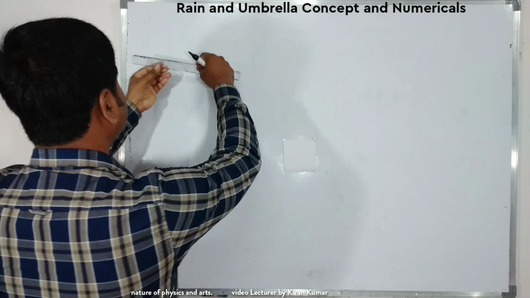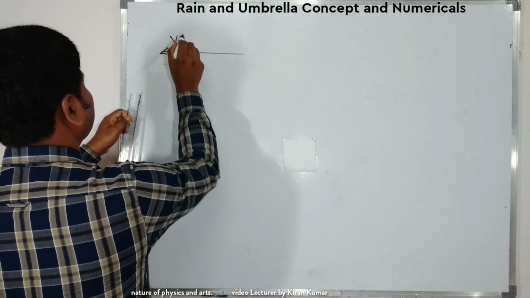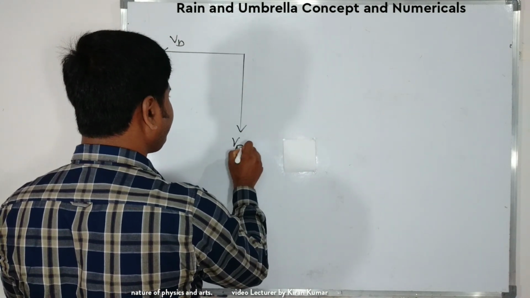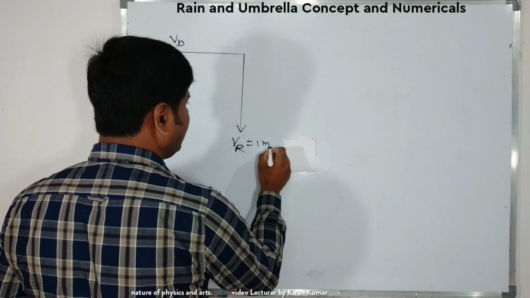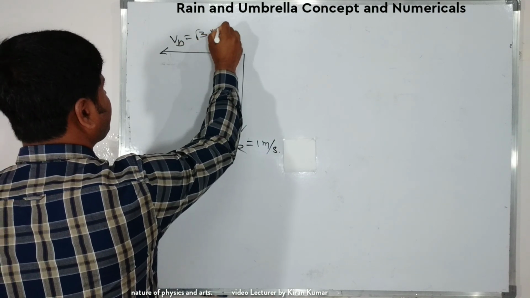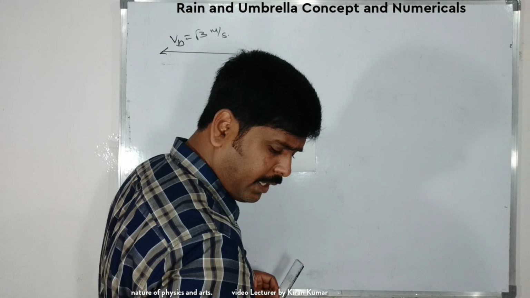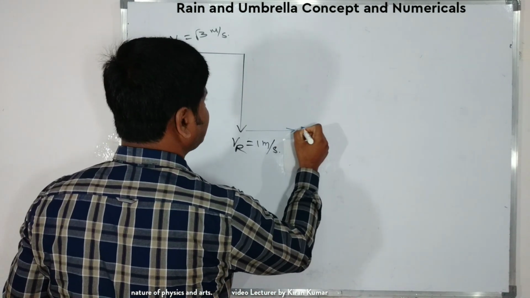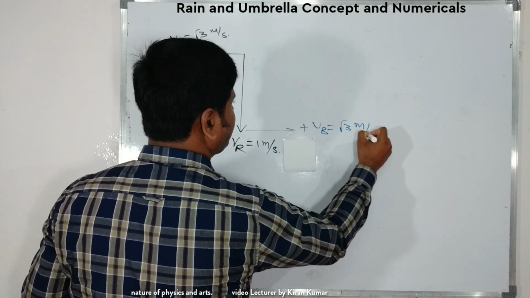According to this question, this is the velocity of the bicycle and this is the velocity of the rain. This is given as 1 meter per second, and this is root 3 meters per second. Here we can take two components of the velocity of the bicycle: the positive value Vb, which equals root 3 meters per second, and the negative value minus Vb, equal to root 3 meters per second.